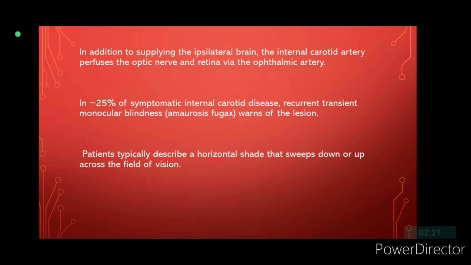In 25% of symptomatic internal carotid disease, recurrent transient monocular blindness warns of the lesion. Patients typically describe a horizontal shade that sweeps down or up across the field of vision.